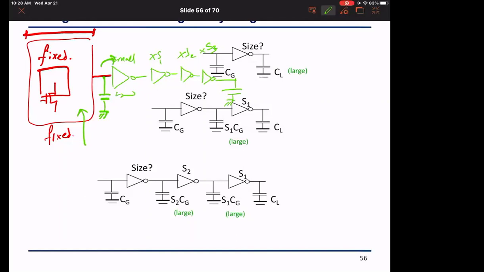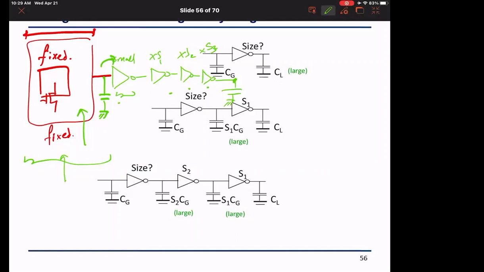So it's as if I distributed the loading effect of CG onto multiple gates that will be sized in a proportional fashion. One, to minimize the delay of this fixed block which I cannot touch, and to size the chain optimally such that it can handle the capacitance without adding too much to the overall delay of the circuit.